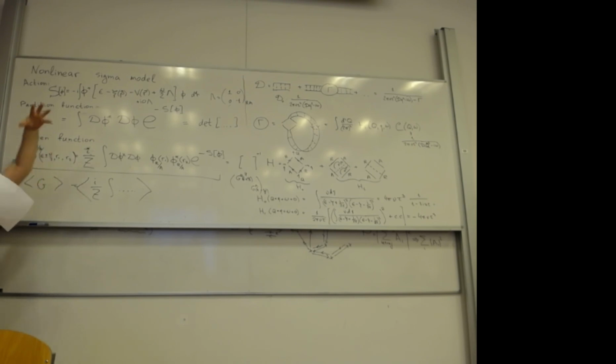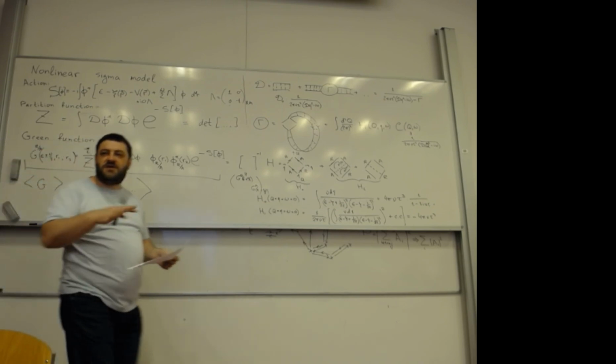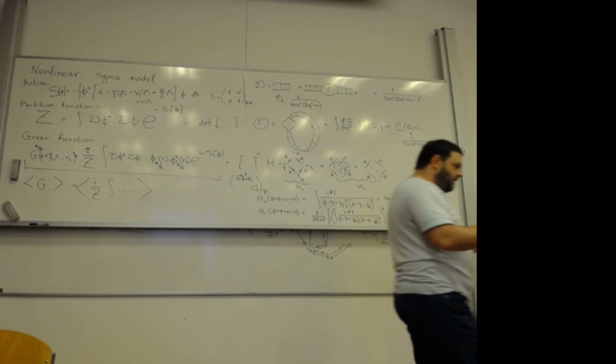And to average the ratio of two objects which are both fluctuating with disorder is not an easy task, even for Gaussian distribution. Nobody knows how to evaluate the ratio of Gaussians, or at least I don't know, maybe someone knows.